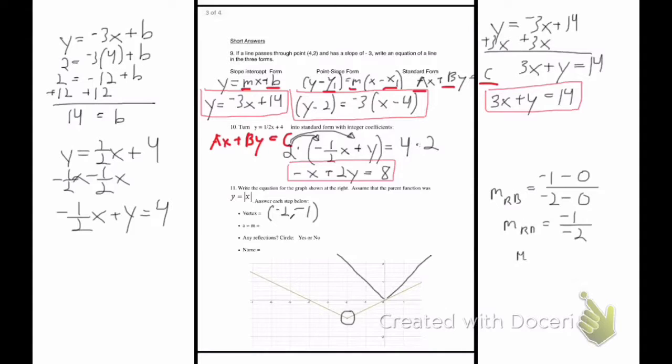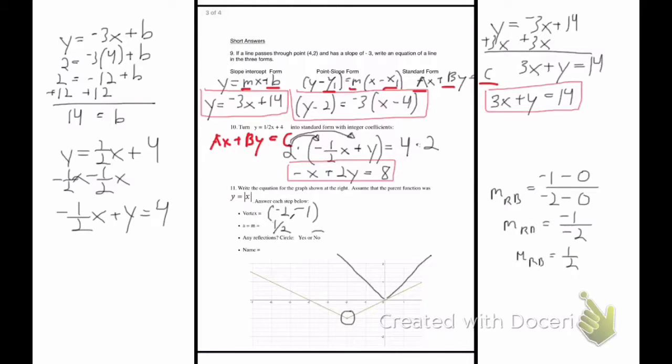So m right branch equals a half. Since a is equal to 1/2, we know that there cannot possibly be any reflections.